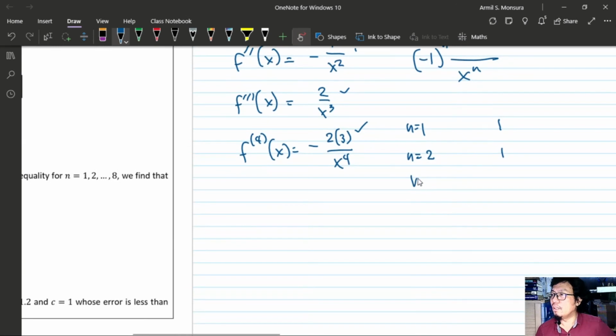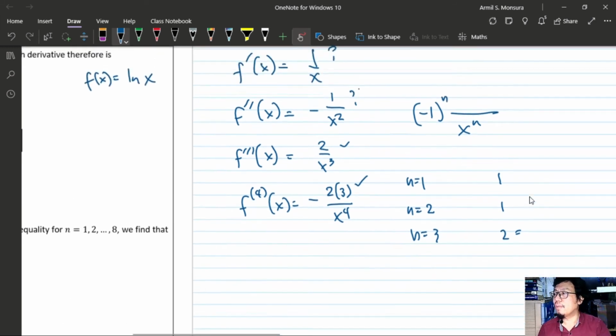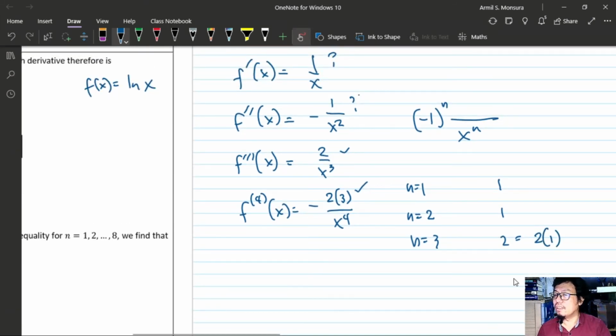When n equals 3, you have 2, which would have come from 2 times 1. When n equals 4, this would have been 6.